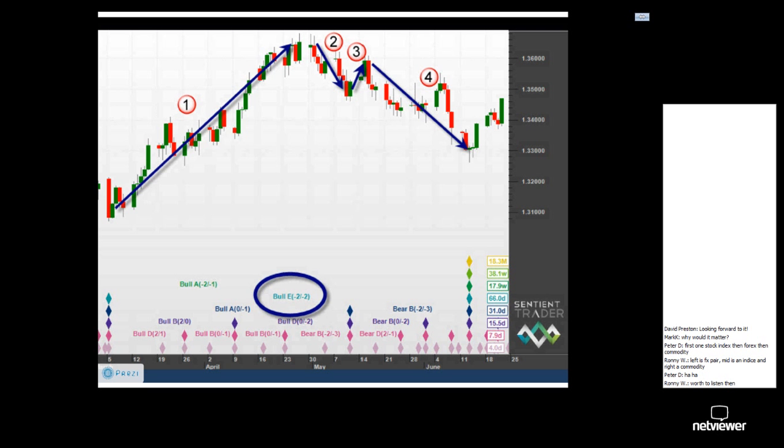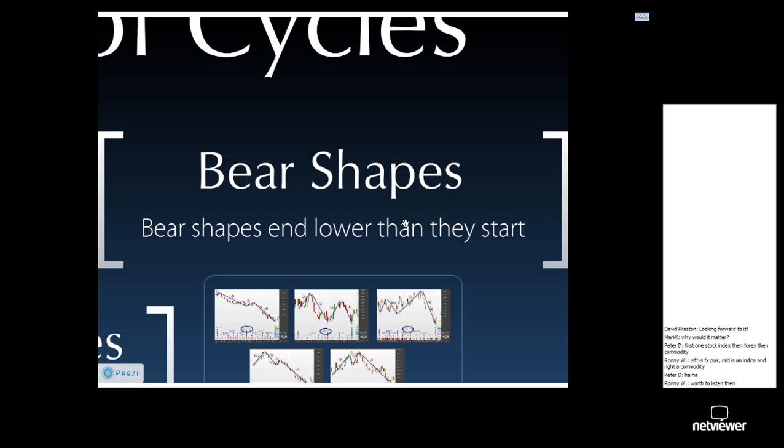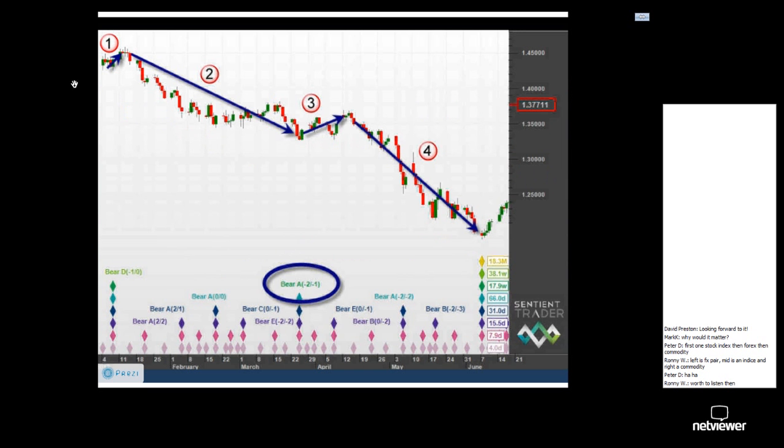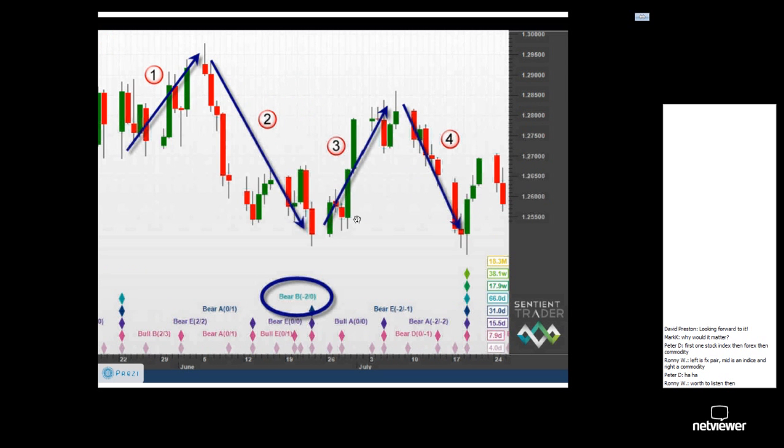Here you can notice that the second peak comes slightly above the first peak. But the end of the pattern is below the end of leg 2. That's the difference there. Here's a bull E shape, which is a pretty nasty shape, and often tends to be a shape that happens right towards the end of a move, and has some sort of bearish portent.